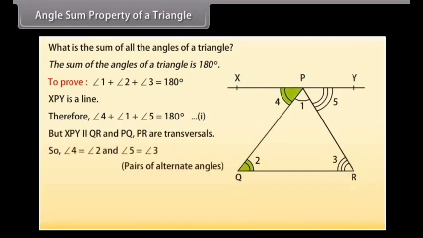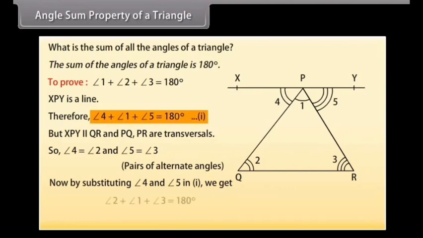So angle 4 is equal to angle 2 and angle 5 is equal to angle 3, pairs of alternate angles. Now by substituting angle 4 and angle 5 in 1, we get angle 2 plus angle 1 plus angle 3 is equal to 180 degrees. Or we can write it as angle 1 plus angle 2 plus angle 3 is equal to 180 degrees.